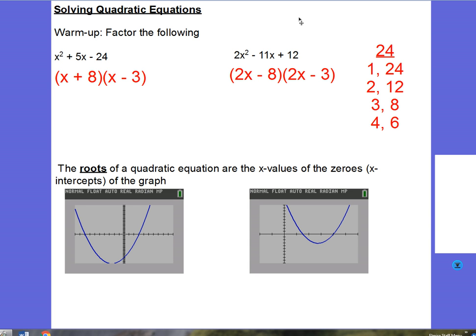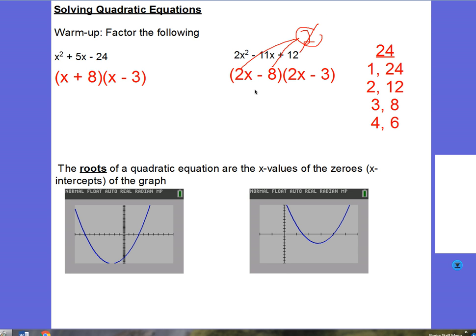So we start off with both of these having two x's and an 8 and a 3. The signs are the same because of the plus sign, and they're both minus because that's a minus. And then we're looking for which of these factor, maybe both of them do. 2 and 8 both divide by 2, so I can take a 2 out.